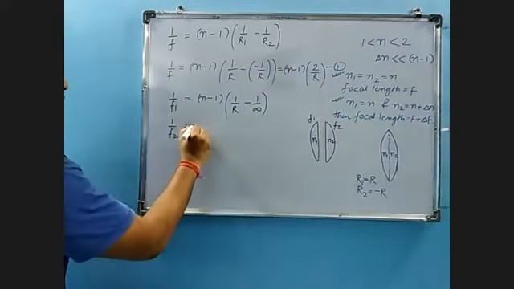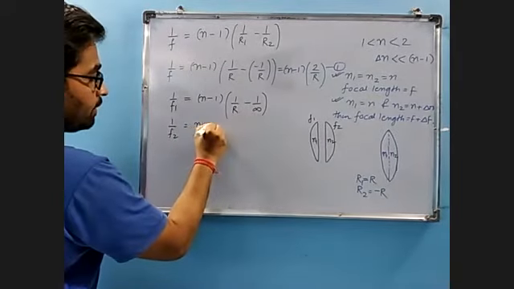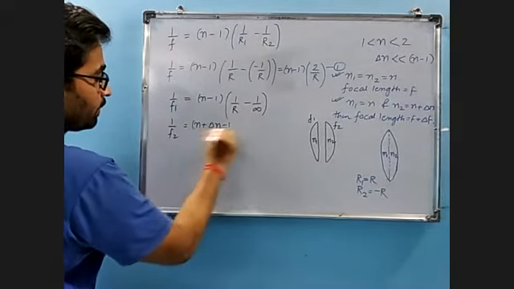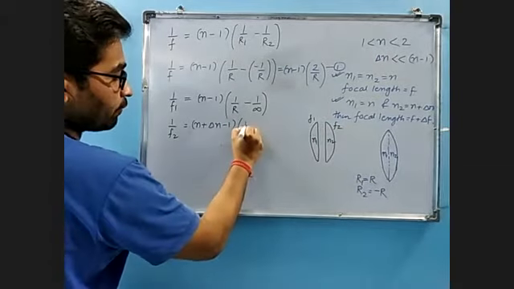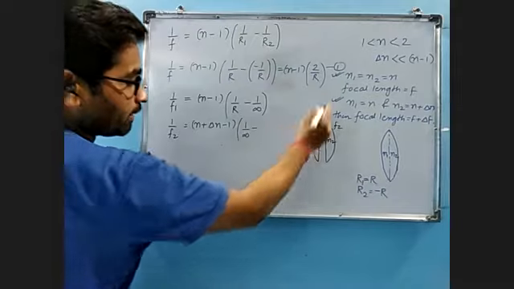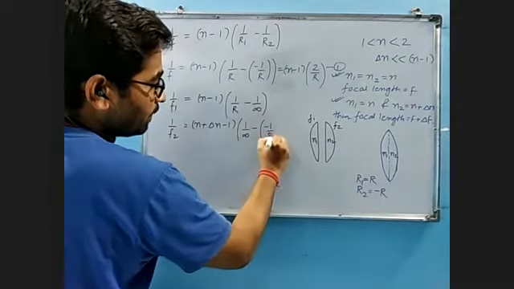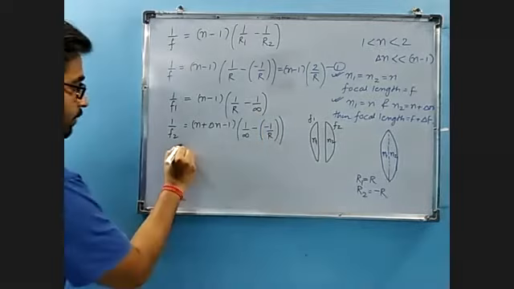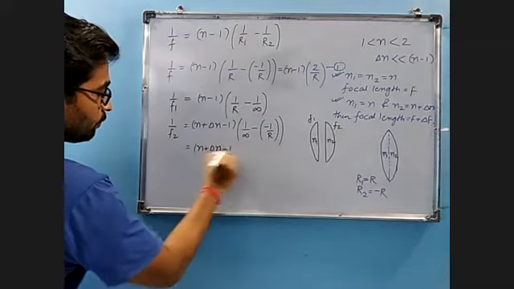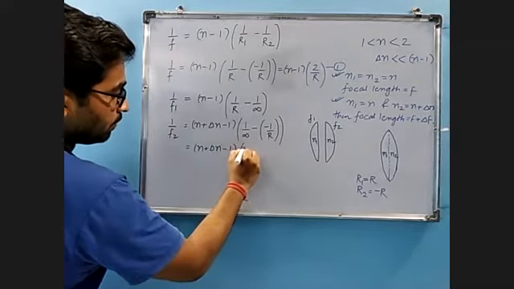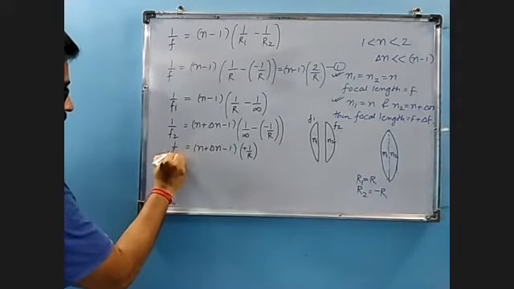So 1 upon f2 will be equal to n plus delta n minus 1, into the first surface with infinite radius of curvature minus the second, r2 equal to minus 1 by r. So that is equal to n plus delta n minus 1, and this will be plus 1 upon r. Okay, so this is 1 upon f2.